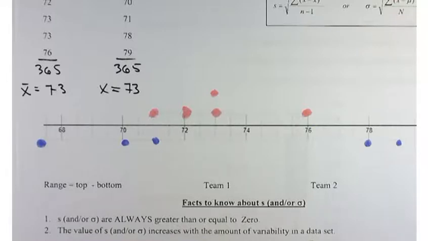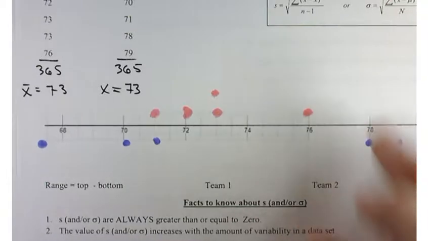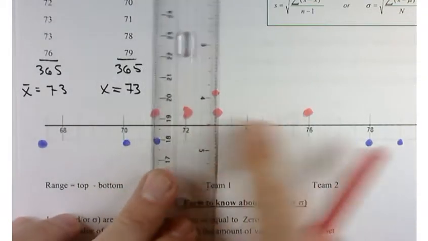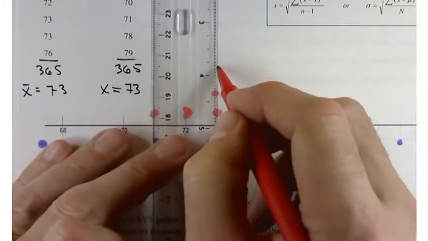Is there some feature that looks like it's not being described when we say, oh, gee, the mean is the same for both of them? What's not being described here? The amount of deviation between each point. Yeah, the amount of deviation from that mean. So the mean was 73.